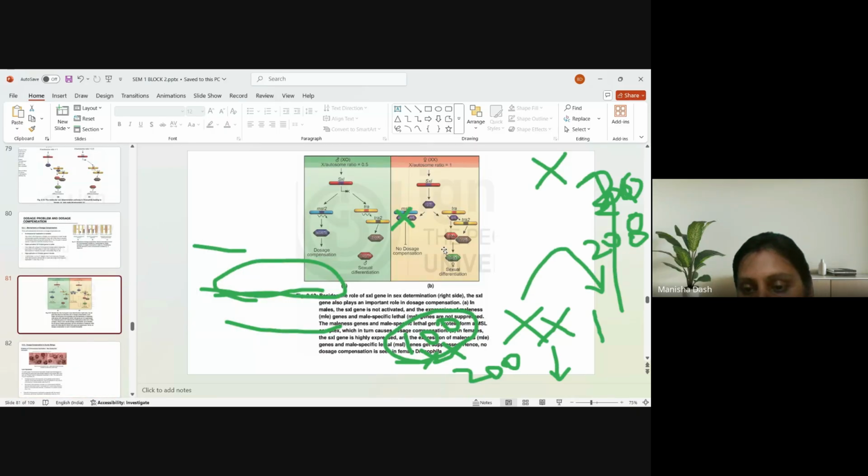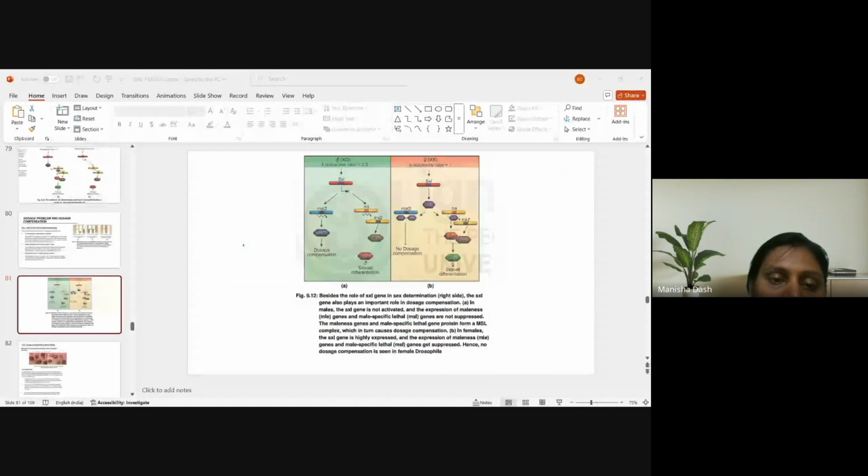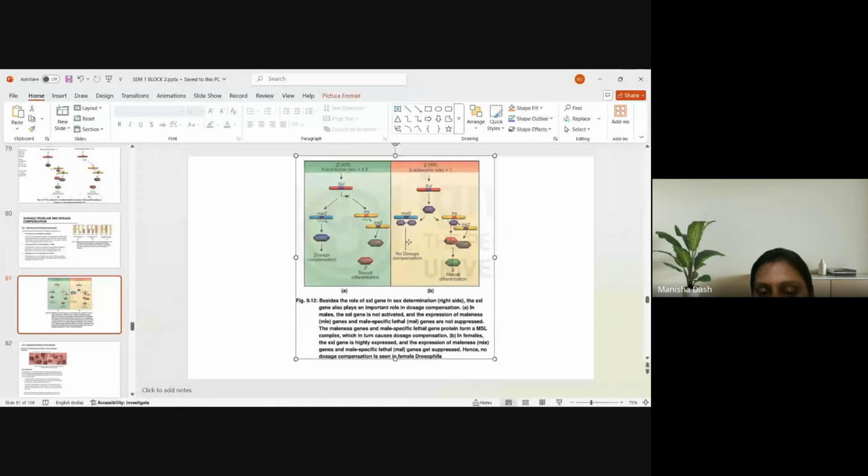This is the same way dosage compensation occurs in Drosophila, as in how the sex is determined. Similar genes play a role in dosage compensation as well. Only one specific gene is added, which is activated, called MSL2, that is male specific lethal.